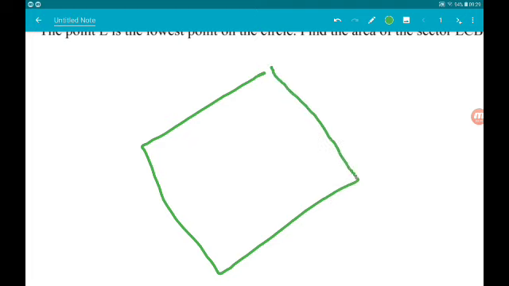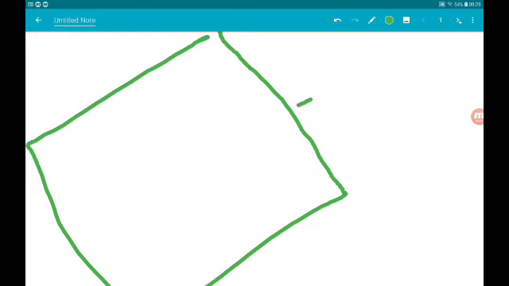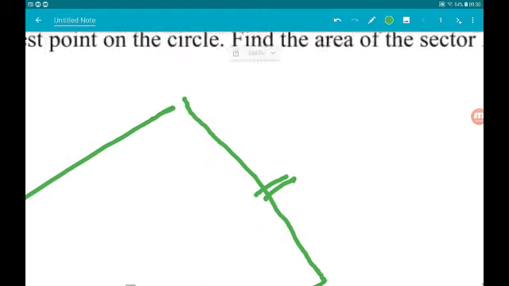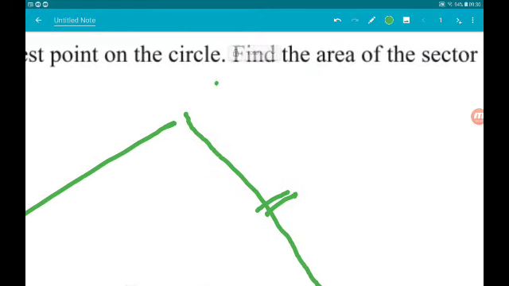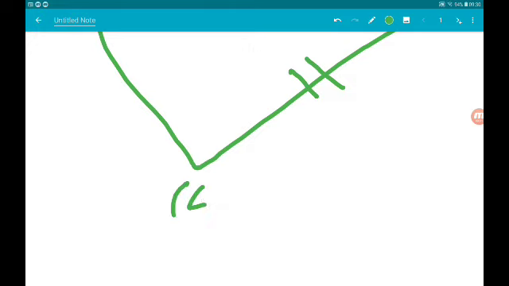So, we know that tangents hitting a circle that come out of the same point are the same length. So we do at least know this length is equal to this length. Now, what we can do is we know this point is 5, 2. We know this point is 4, minus 5.